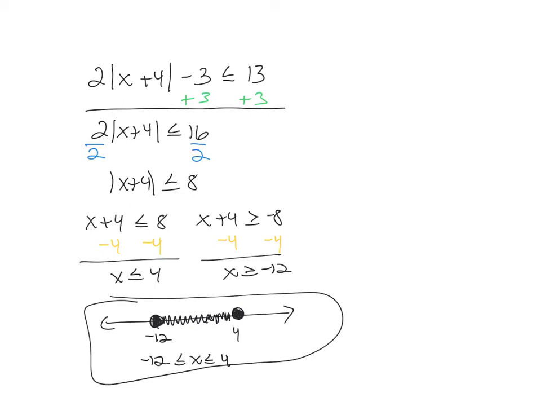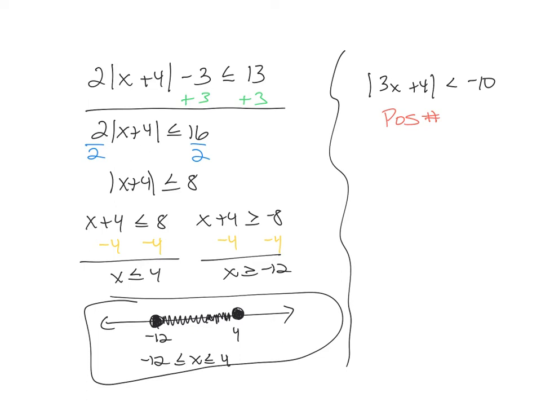Alright, so remember, if you have the absolute value by itself, and you have a negative number over there, absolute value is less than negative 10. So remember, the absolute value is always a positive number.